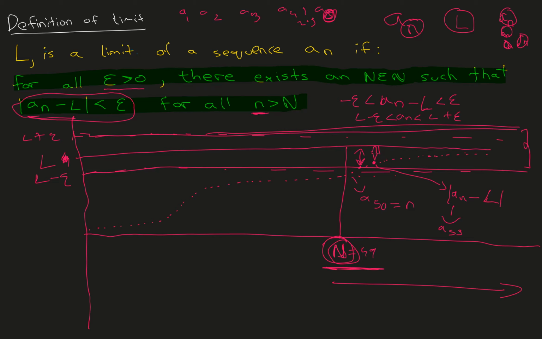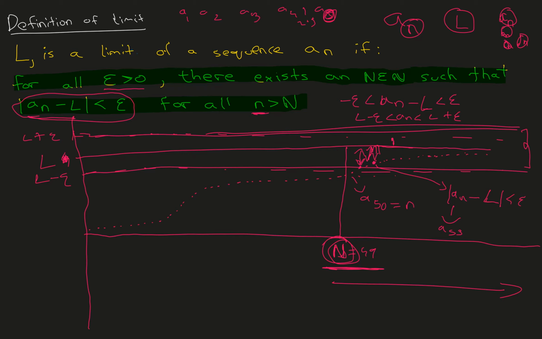For example, if the term was right here, then a_n minus L would be positive. But since in this case L is bigger than a_n, as we see from the graph, it's negative, so that's why we use the modulus sign. This vertical distance between this term in the sequence and L is less than epsilon.